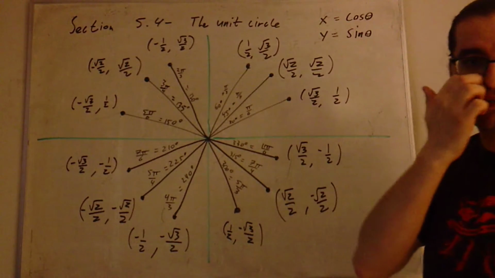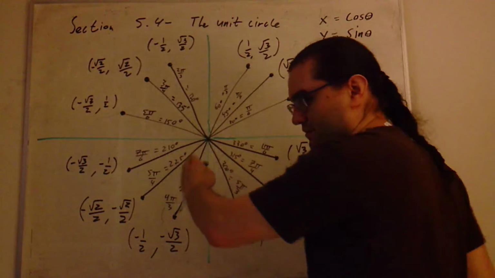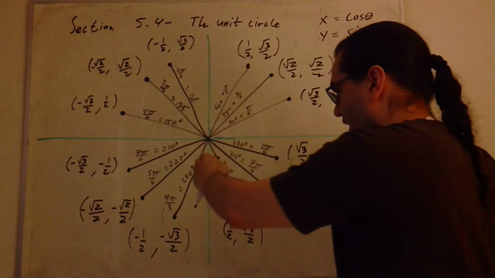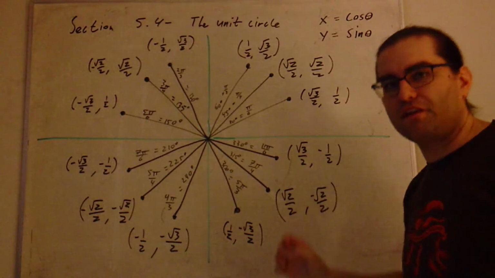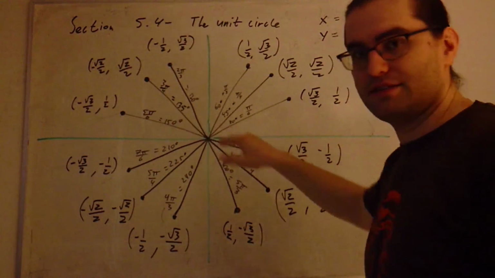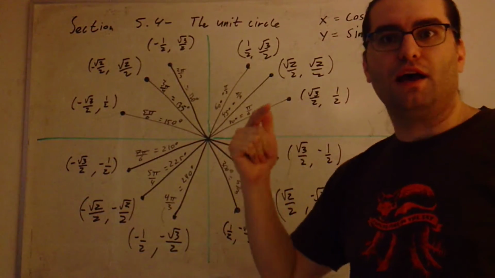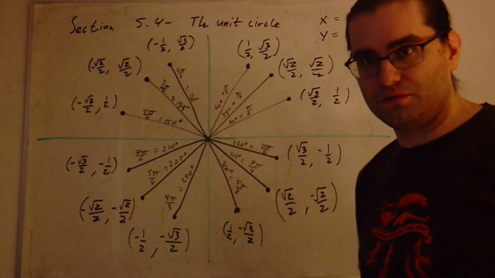On the homework, you're going to see some problems that will give you bigger triangles, triangles with longer hypotenuses that are still on the coordinate axes. It's a very common mistake I see students make where once they see coordinate axes, they just immediately jump to x is sine, y is cosine. And that's not true.